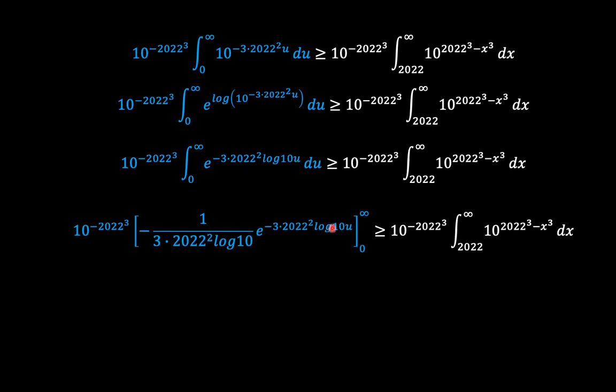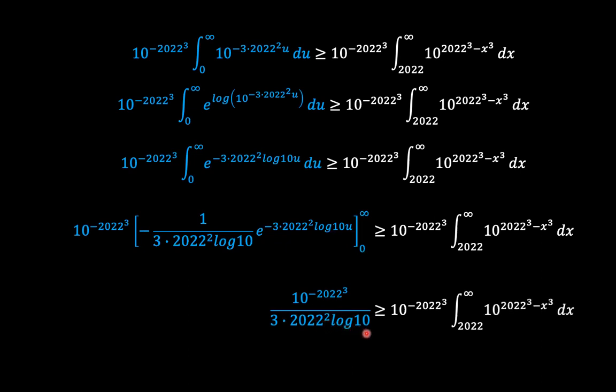Now, as you can see, as u tends to infinity, this entire part goes to 0. But as u tends to 0, this tends to 1. So we have 0 minus 1 over 3 times 2022 squared log 10. And that means on our left-hand side of the inequality, we have 10 to the power negative 2022 cubed over 3 times 2022 squared log 10.